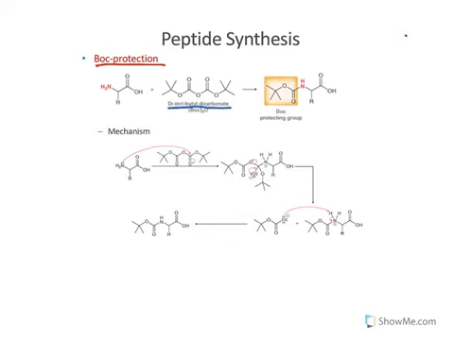When we use this, the amine is going to attack the carbonyl, and later on it's going to kick out that other portion. So we end up with what is called the BOC protecting group. So the amine is now protected by BOC. So that's why we call it BOC protection. So now only the acid side is left to do a reaction.